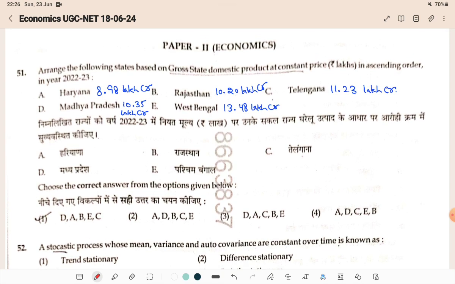So question 51: arrange the following states based on gross domestic product at constant price in rupees lakhs in ascending order.